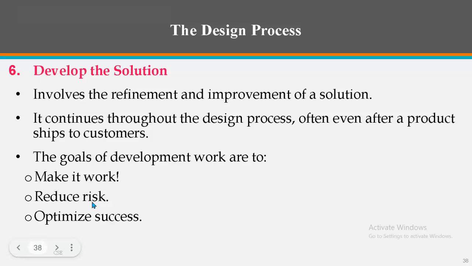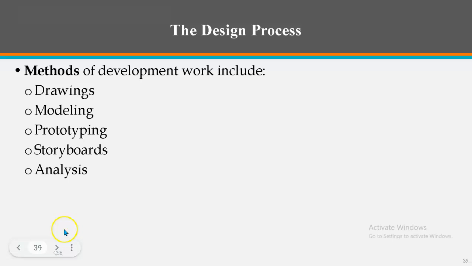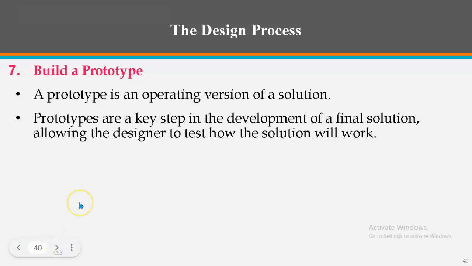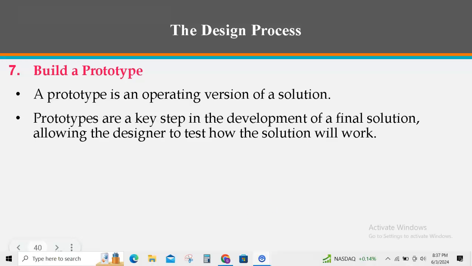This is by improving the solution, where you try to make it work. This can either be done by drawing, modeling, prototyping or analysis. Then you build a prototype. Prototypes are actually the first working models, similar to the design of the final product, and this helps to test the solution.